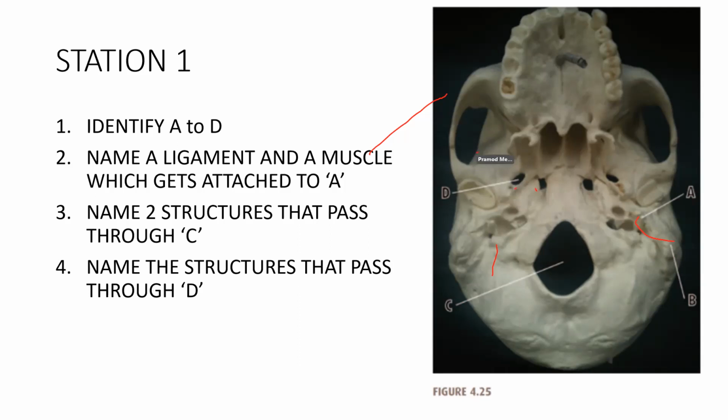In the present OSCE, our first question was on the base of the skull. Certain foramina and structures were marked, and you were told to identify the structures A to D. This is a very simple thing because you all should know the various structures in both the extracranial and the intracranial components of the skull base.